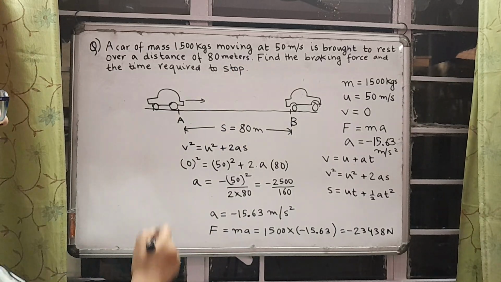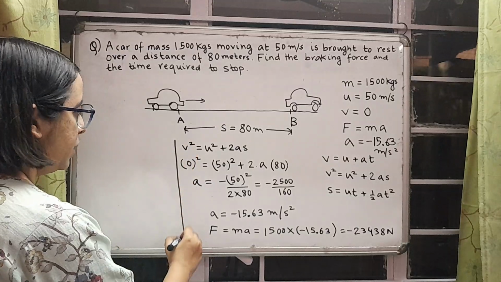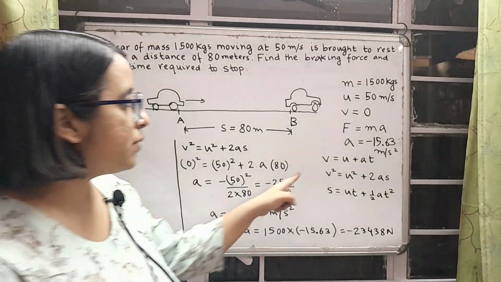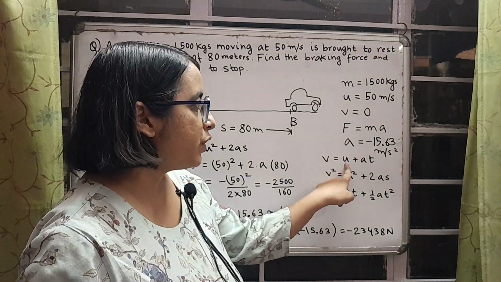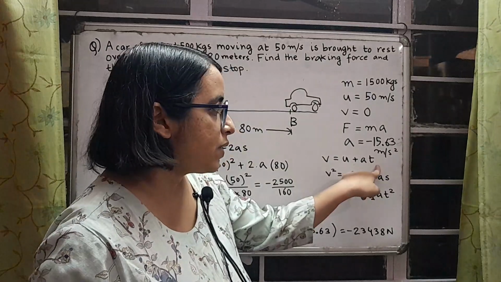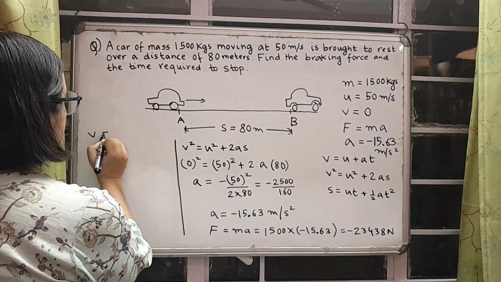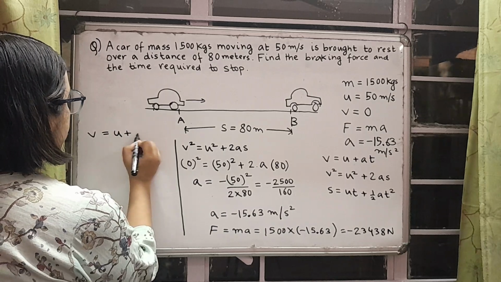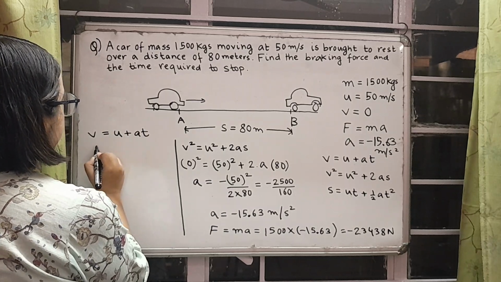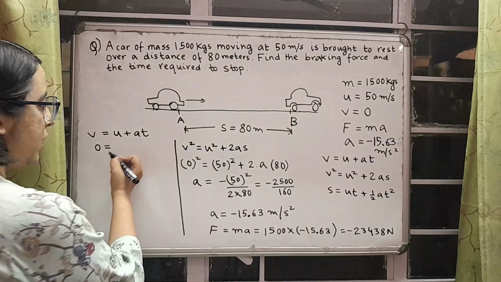Now I require the time to stop. So which equation will I use? I know v, I know u, now I know a, so I can find out t. So I'll use v equal to u plus at. Final velocity is 0.